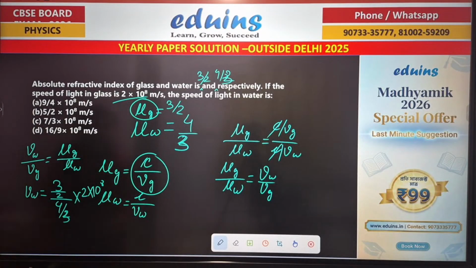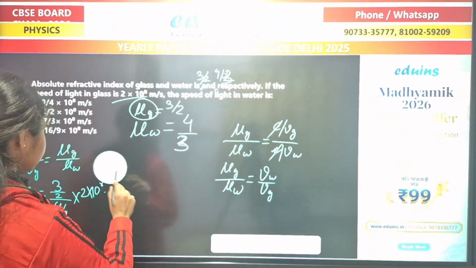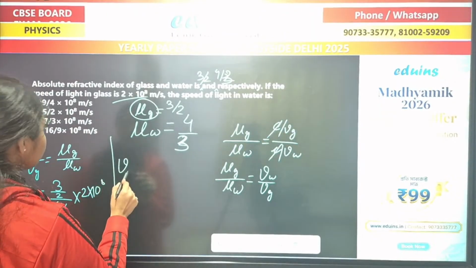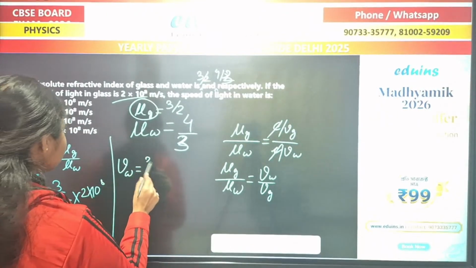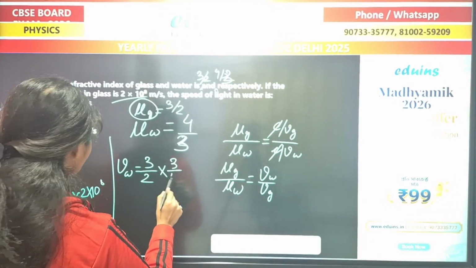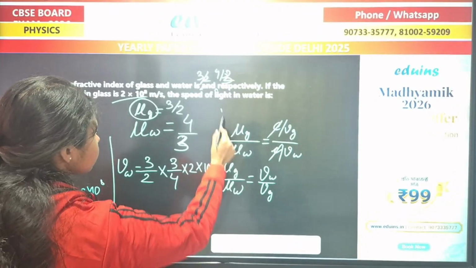Now we have to solve this. So Vw is equal to 3 by 2 into 3 by 4, into 2 into 10 to the power 8.